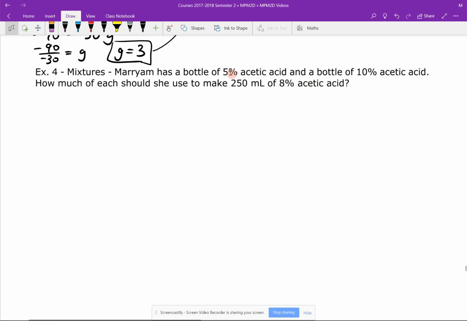So you're going to combine 5% and 10%, and your mixture is going to be somewhere in between 5 and 10. You're looking for 8. You want to make 250 milliliters of 8%. Let's define our variables here.